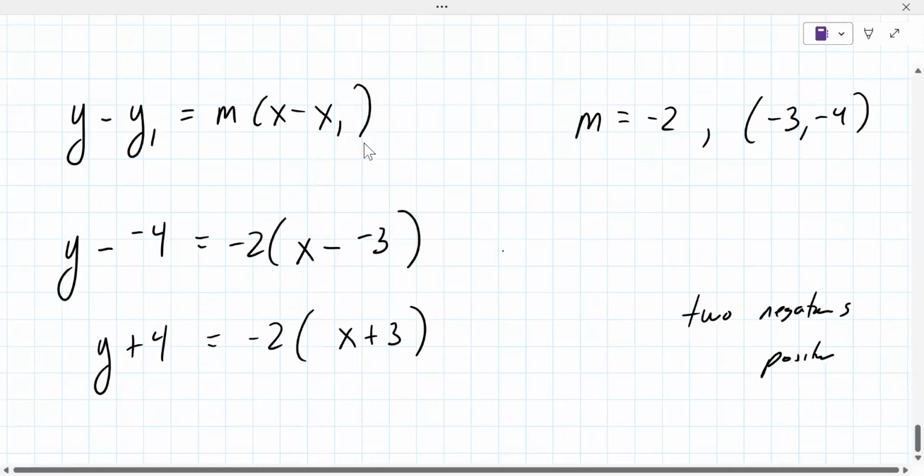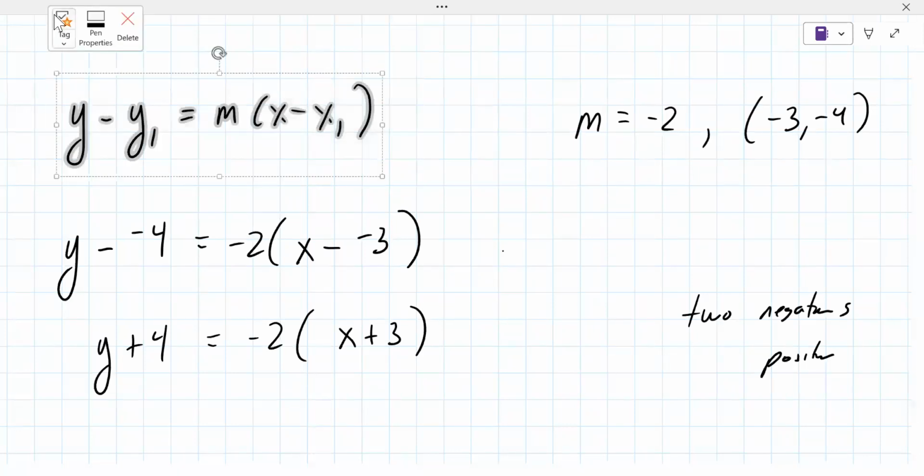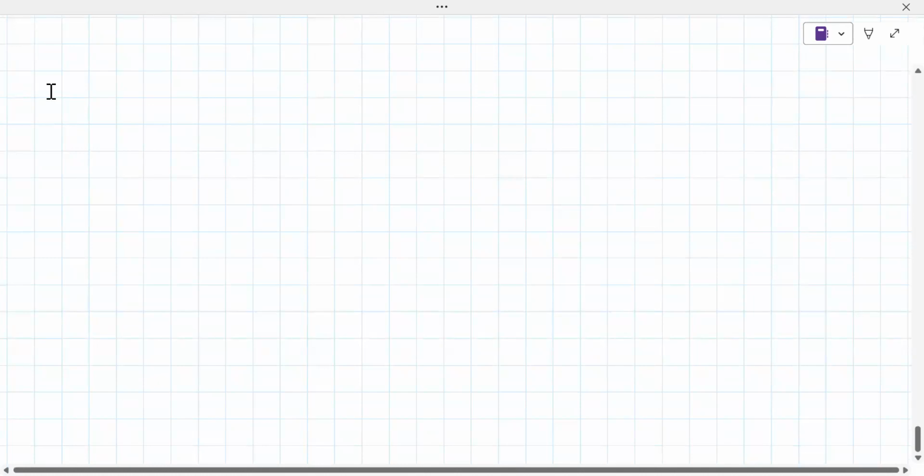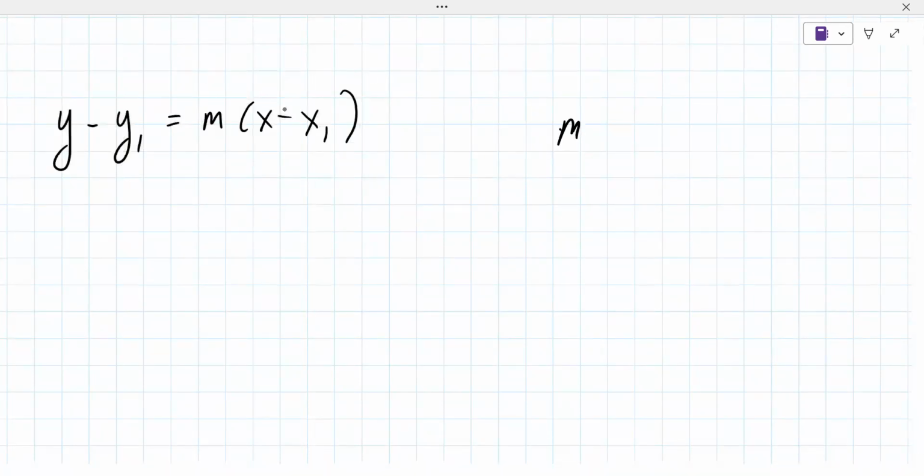So let me have you do one, okay? Let's say the slope is 3 and the point is -6, 1.